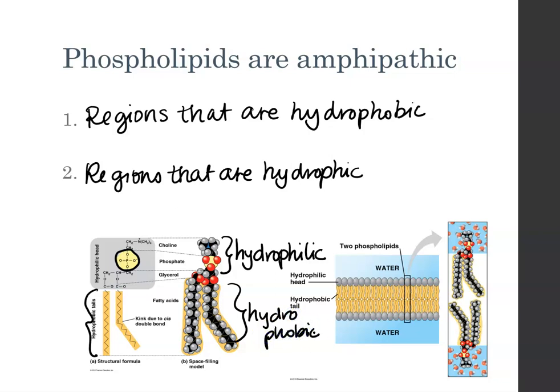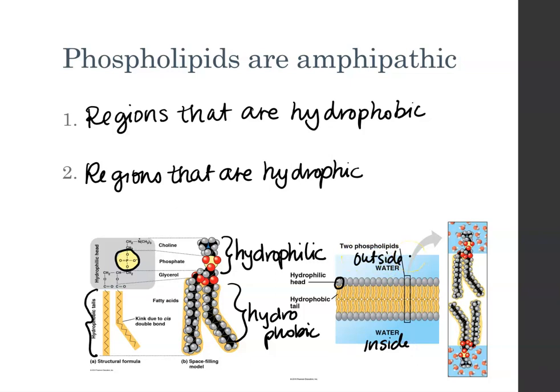Now, you might remember from chapter 3 that phospholipids will self-assemble into a double membrane. So phospholipids create a bilayer, 2 layers of phospholipids. One where the heads are attracted to water inside or outside the cell.